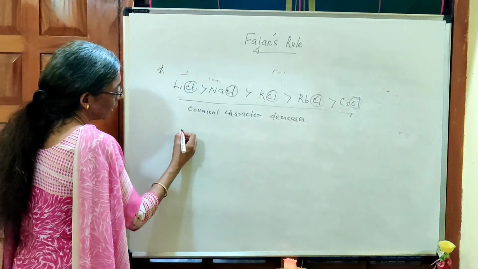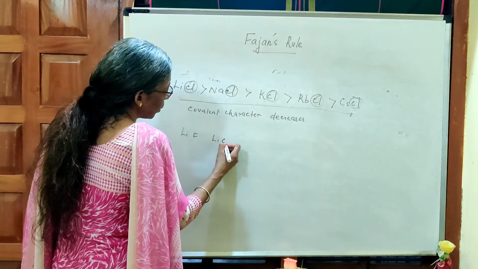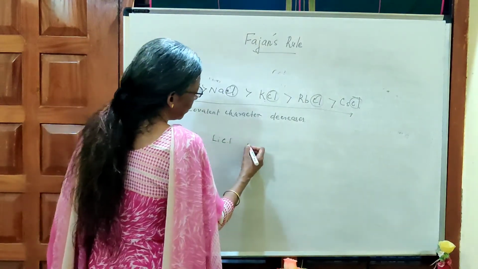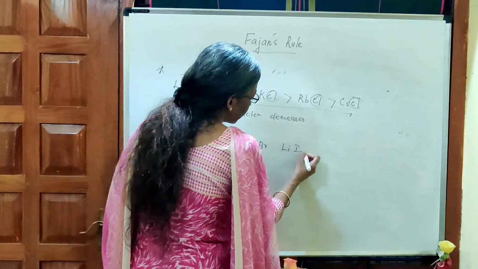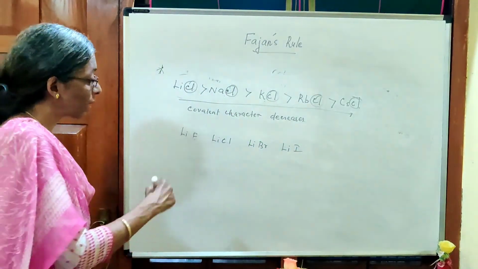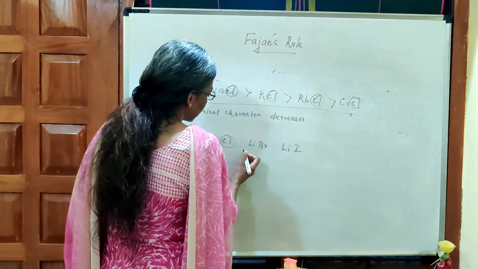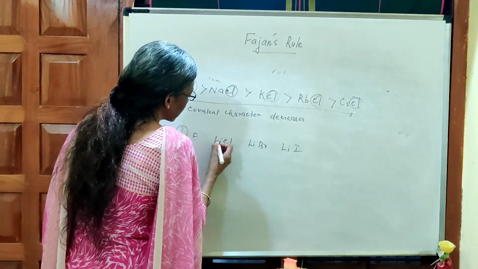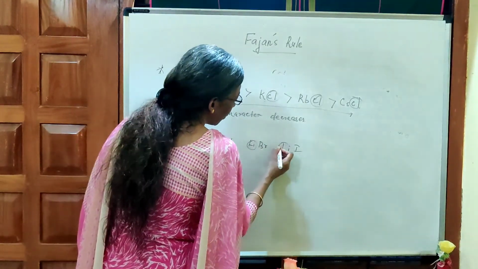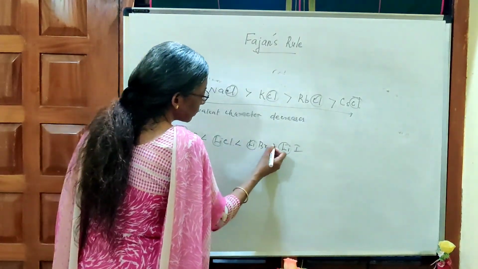Next one: if you take lithium fluoride, then lithium chloride, bromide, then iodide, here lithium is common. So the anionic size increases.